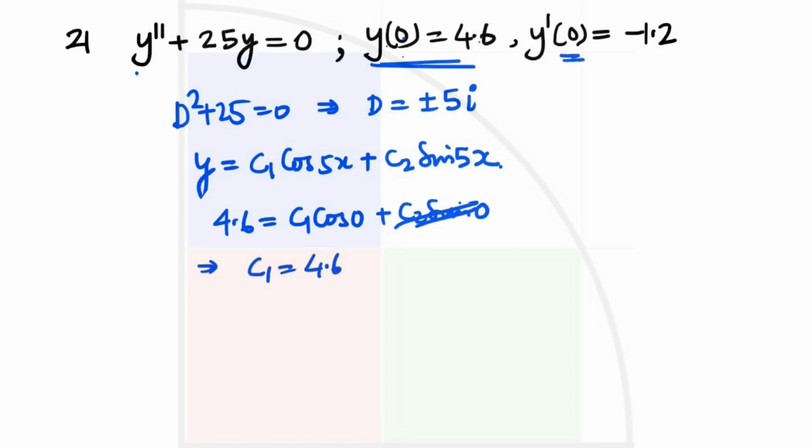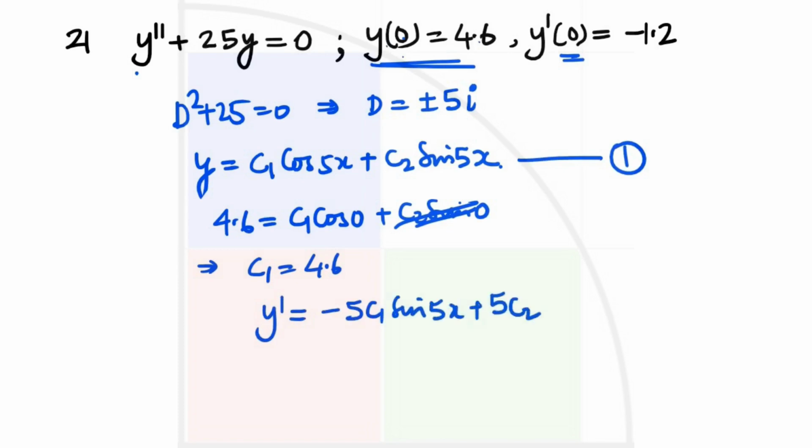And then in order to apply the second initial value condition, we need to differentiate the equation found here, which is equation 1, and by differentiating it once we get y prime, and this will be minus 5c1 sin 5x plus 5c2 cos 5x. Okay, and it says when x is 0, this value is minus 1.2.